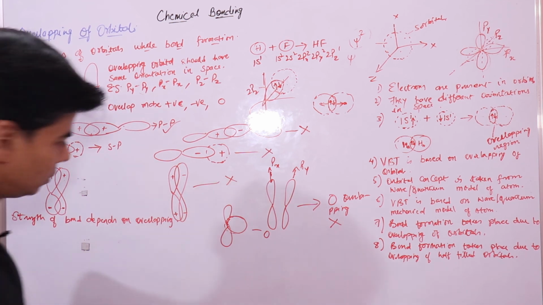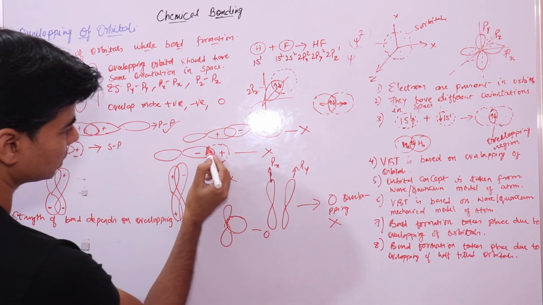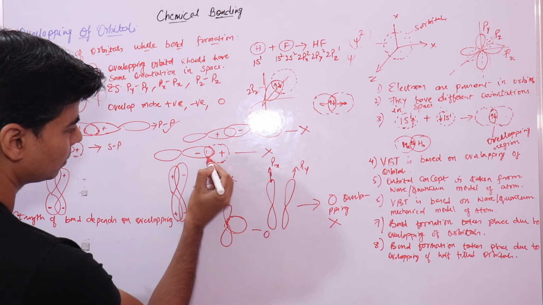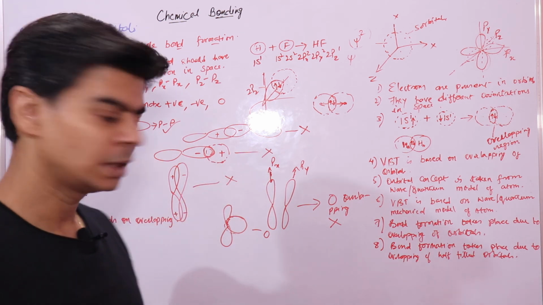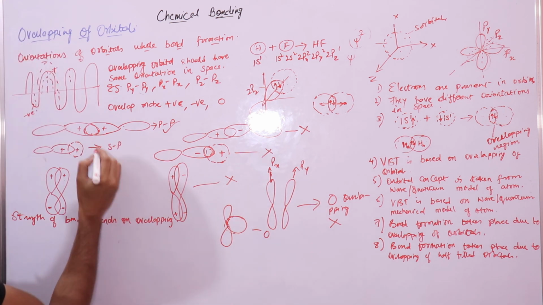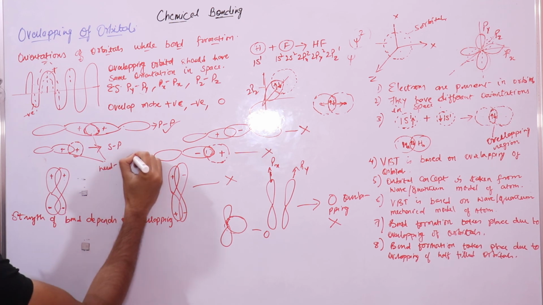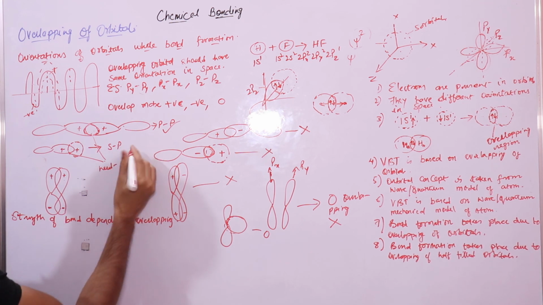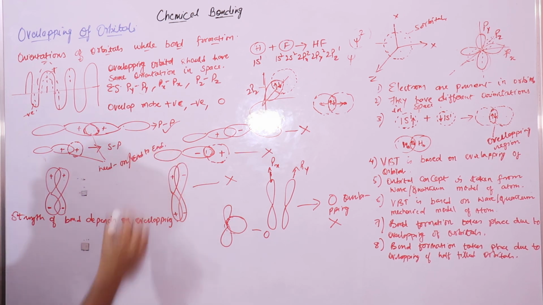And this type of overlapping, when you see pp overlapping or sp overlapping, these are head-on overlapping. This kind of overlapping is your head-on overlapping, or we also call it end-to-end overlapping, right?